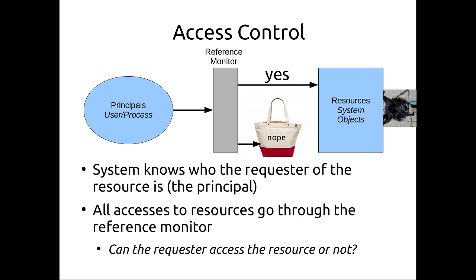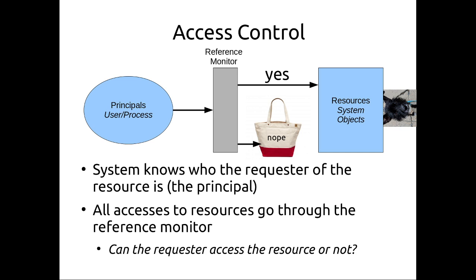So when we think about implementing security within systems, we need to have some model for thinking about how accesses are made, and that's usually based around a reference monitor. So we have our principals that are making requests to access different resources in the system, and a reference monitor is an implementation within the system that must be trusted, must work perfectly, and it decides, yes, you can access certain resources, depending on which principal is requesting them, or it can give them a big old bag of nope, right?